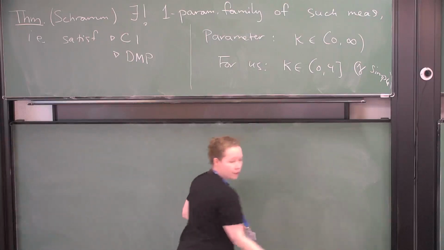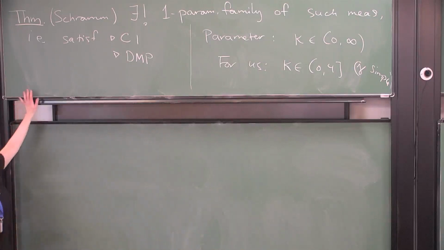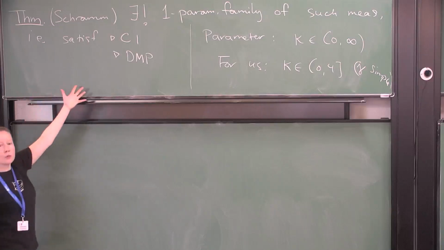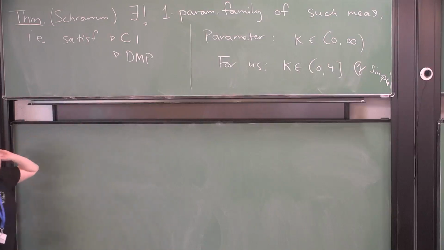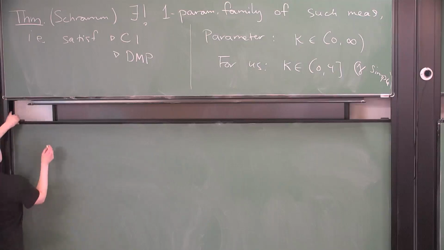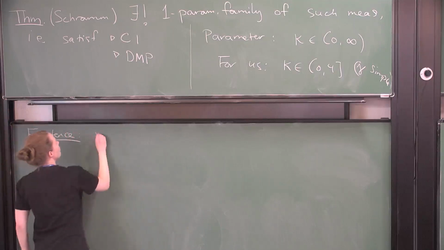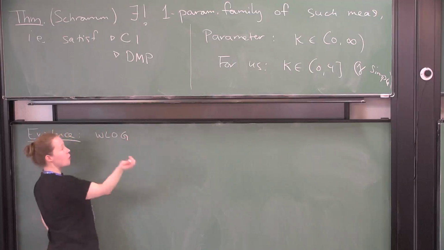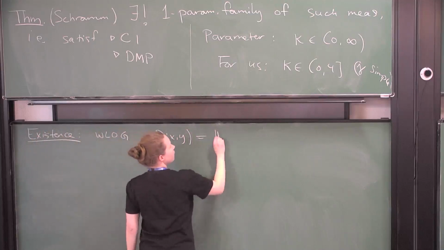Maybe that's the easiest way. If you have a classification theorem, you want to say that there exists such an object and that it is uniquely characterized by these properties. So, existence. Because we have the conformal invariance, I can take my domain to be just this favorite domain.